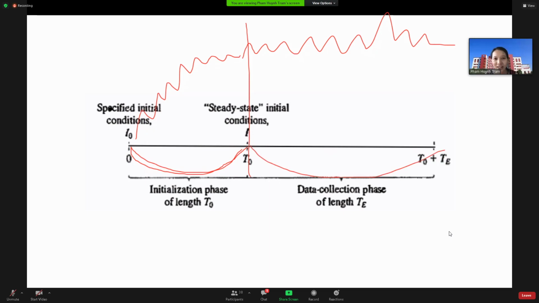All right, so in Arena, the initialization phase would be equivalent to the warm up time in the run setup. Okay, this one is the warm up time. You remember in the run setup in Arena, you have to tell how many replications you want, how long for one replication, and whether you want warm up time or not.